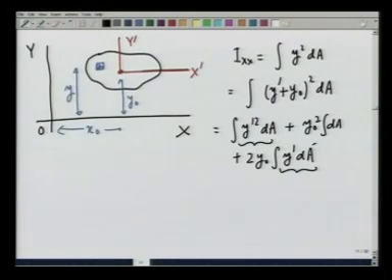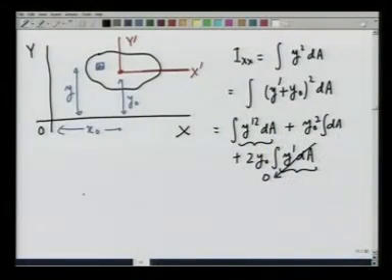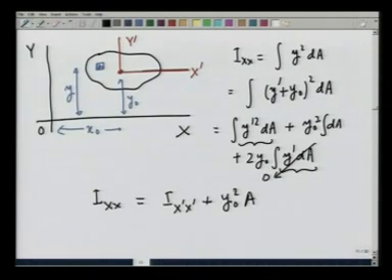So, this is going to be 0. If I calculate the centroid with the origin at the centroid, the coordinates of the centroid are going to come to 0, and therefore, I see that Ixx is equal to integral y prime squared dA, that is Ix prime x prime, plus y0 squared times the entire area.